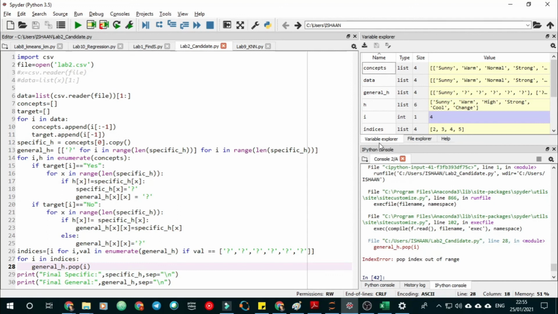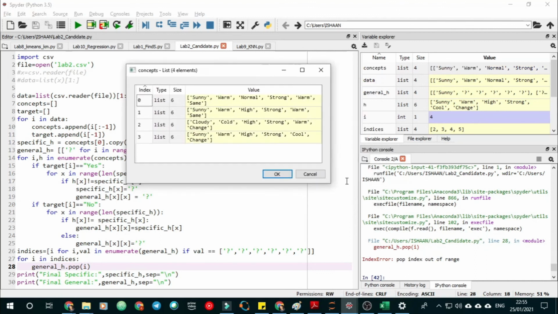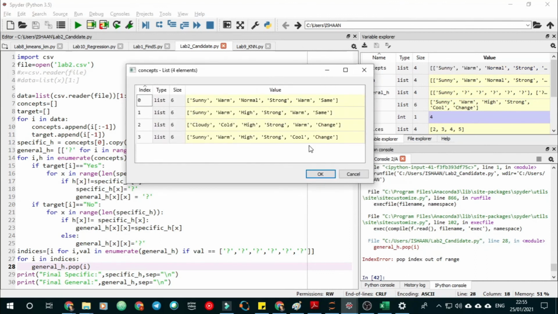And in the variable explorer, I can find what are the different objects I have and what is the type. See here, I have different types of variables, objects, and the type of it, and what is the size and what is stored inside it. So concept, see here, if I double click, I get to know what is inside the concept. Okay, this is the index. In the index 0, 1 row, second row, third row, fourth row, and each row has 6 values.